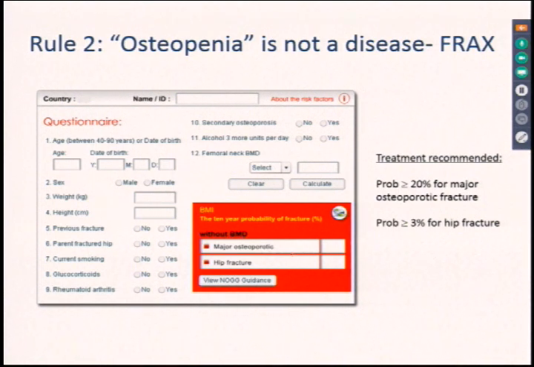In the United States, the cutoffs recommended by the National Osteoporosis Foundation are a probability of 20% or more for a major osteoporotic fracture, or a probability of 3% or more for a hip fracture. Those would be the recommended cutoffs to start treatment. So if the patient hits that cutoff or above, then it's reasonable to put them on treatment. If they're below, then again, the T-score is just a number, but we care about outcome.